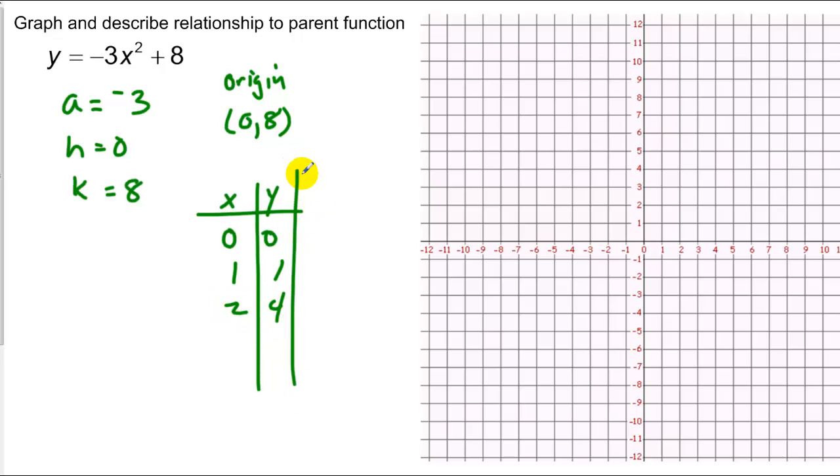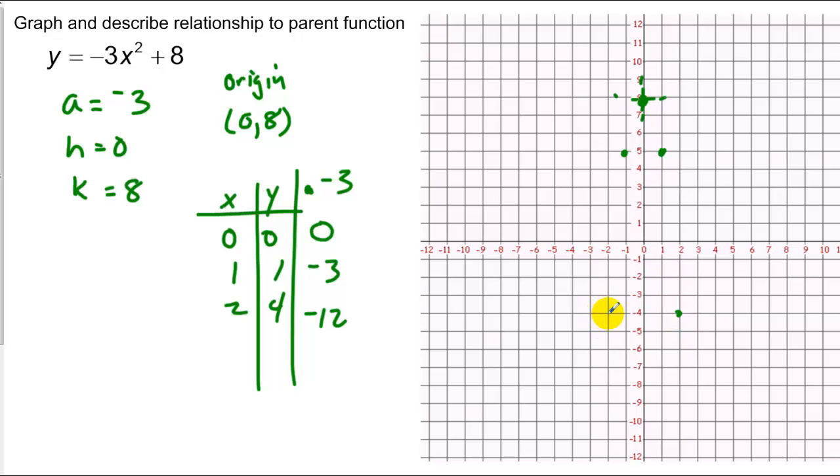And I'm going to multiply those values by a -3 for my y, so that's 0, -3, and -12. So if I look at 0, 8, puts me roughly here. There's that origin, 0, 0, 1 and down 3 from that point, and over 2 and down 12 puts me here.